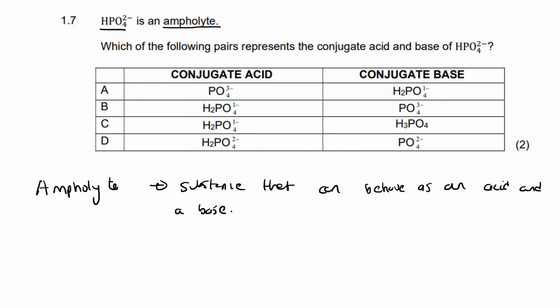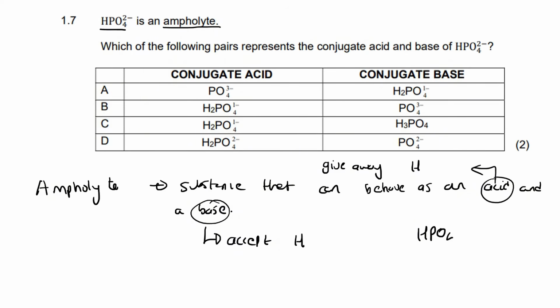Okay, so what do acids do again? Acids give away hydrogens. And then what do bases do? They accept hydrogens. So if this HPO4 2-, and technically it's a hydrogen and a hydrogen like that, gives away a hydrogen, what does it become?